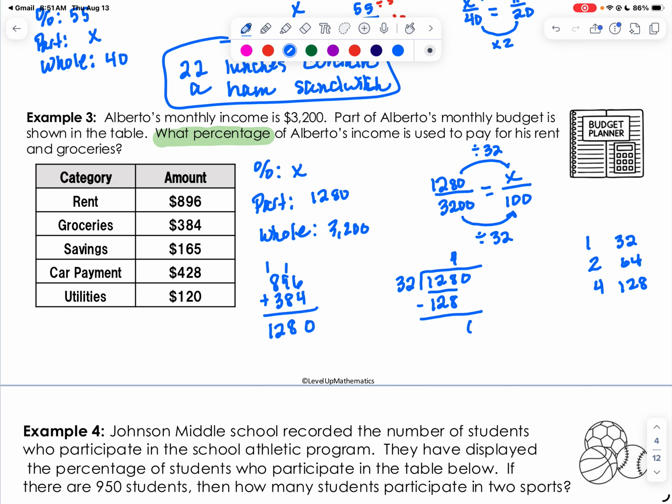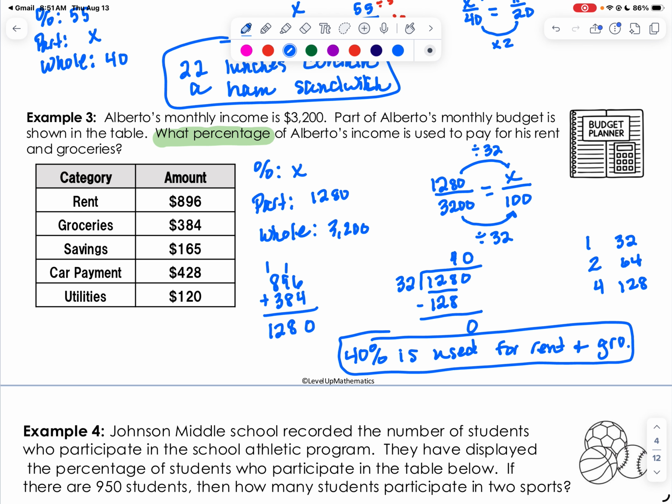Subtract and bring down. 32 goes into 0 0 times, so 40% of his income is used for rent and groceries. I'll just abbreviate that. 40% of his income goes to the rent and to groceries.